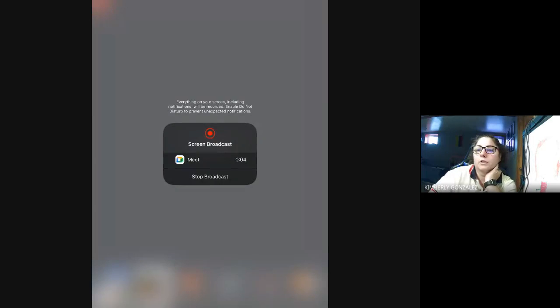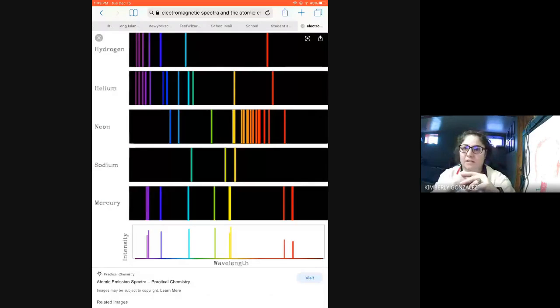Okay, so what you see here is actually the fingerprint of each of these elements, okay? Notice how they're all different. There are numbers that go with it, but for our level, we do not need to know the numbers, okay?